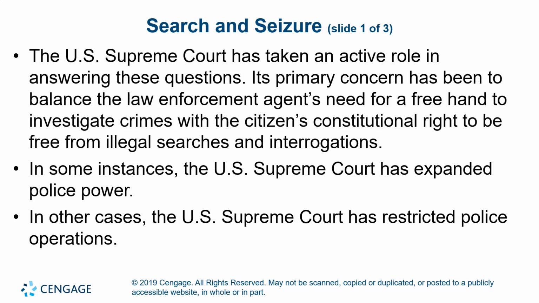So in some instances, the Supreme Court has expanded police power a little bit. And in other cases, it has restricted some of that police power and subsequently some police operations. So a lot of things to think about.